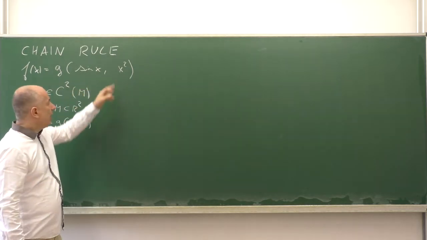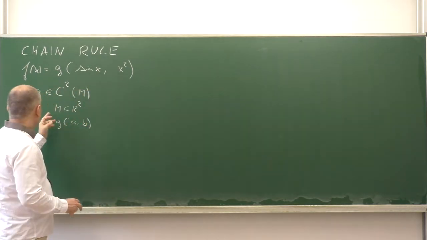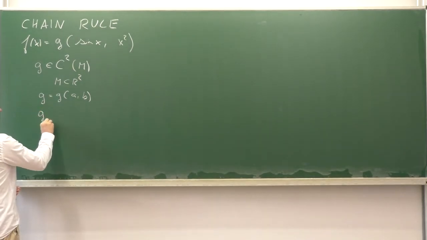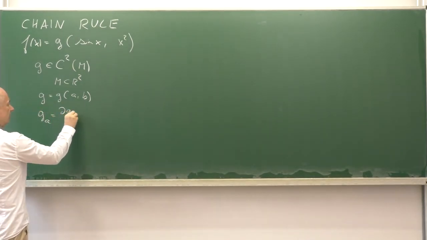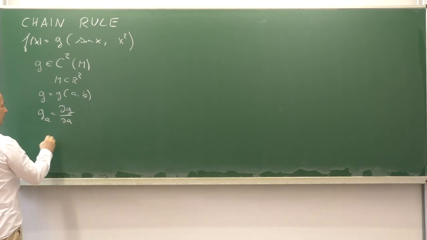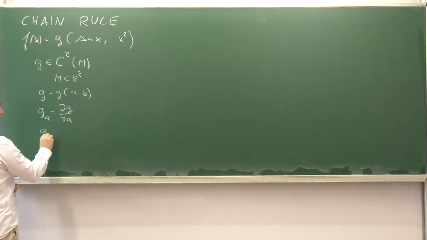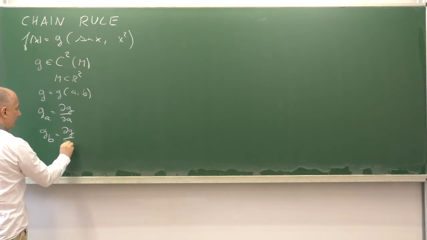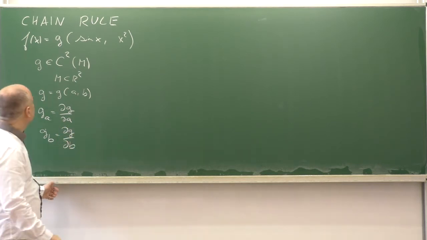But as it has two arguments, we need ga and gb. So we denote ga the partial derivative of g with respect to the first argument, and we denote gb the partial derivative of g with respect to the second argument.